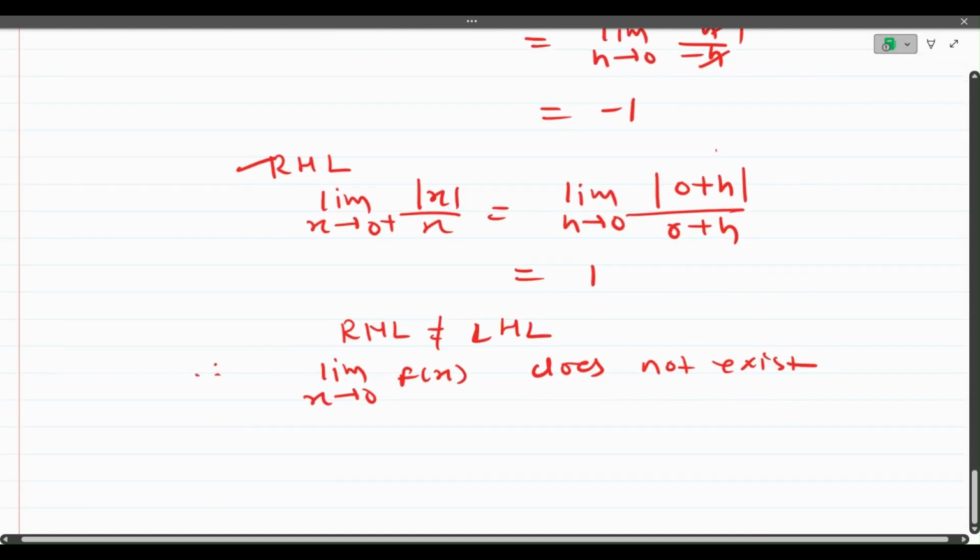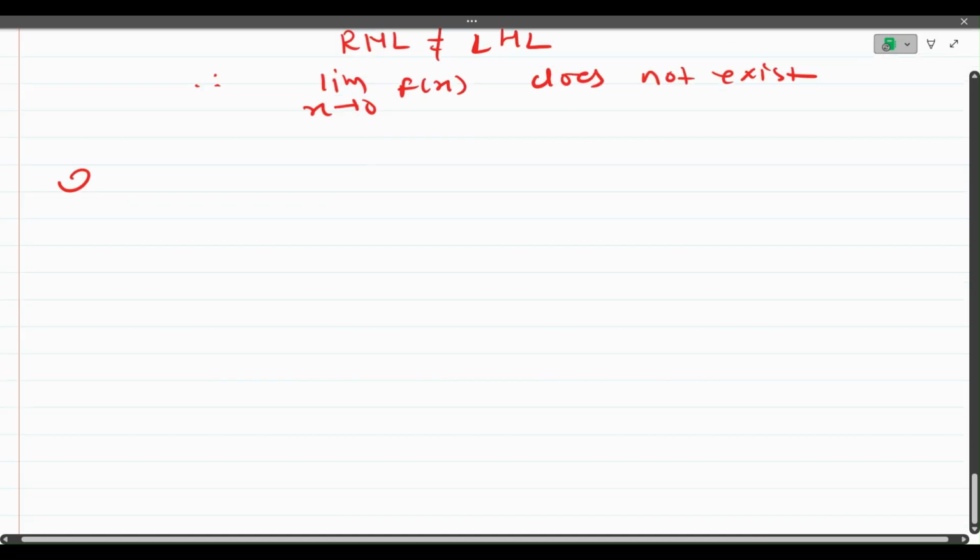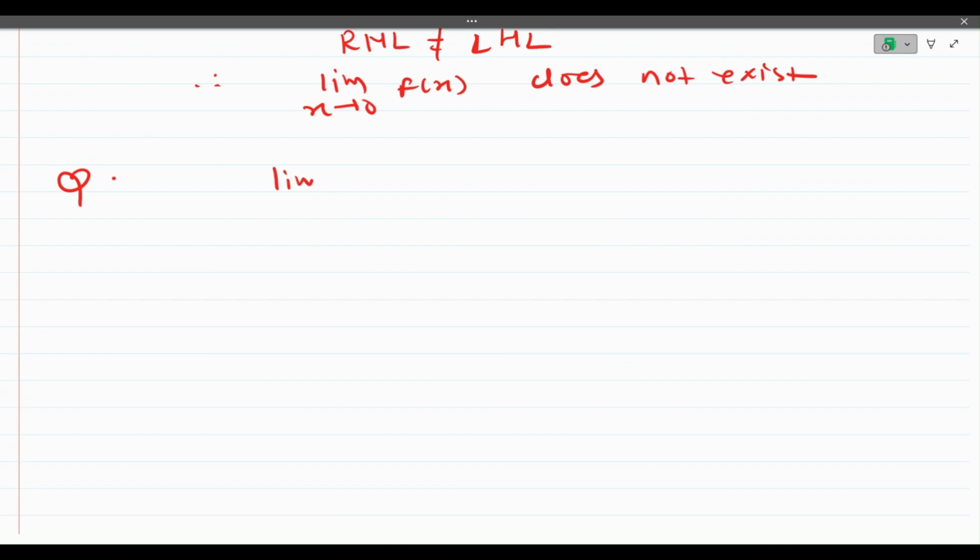And let's see an interesting question, which is the limit as x tends to 3 of the greatest integer function. This sign is the greatest integer function, and we have to determine whether the limit exists or not.